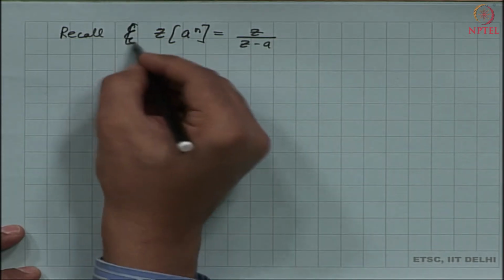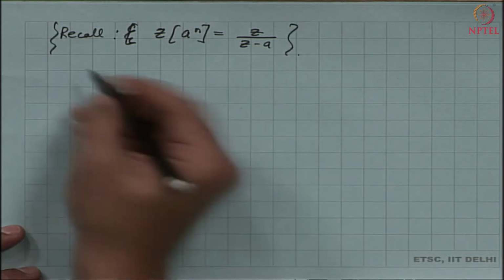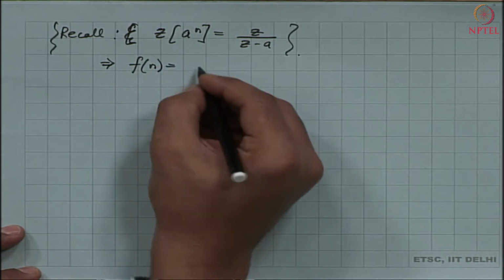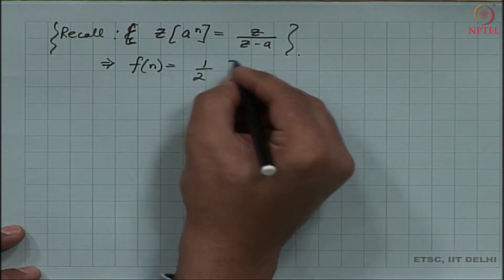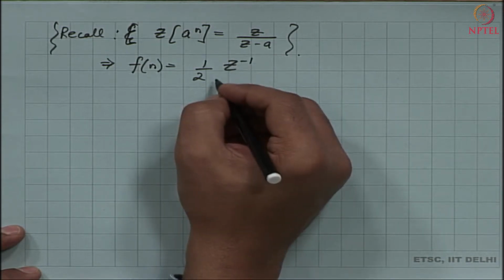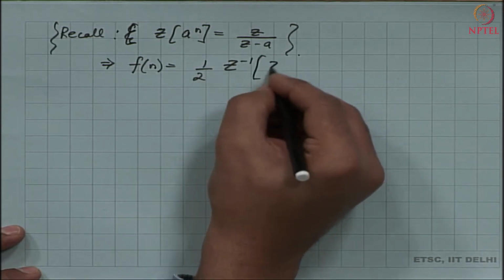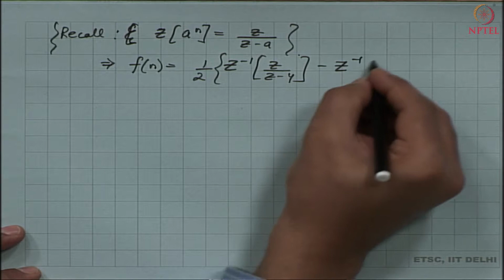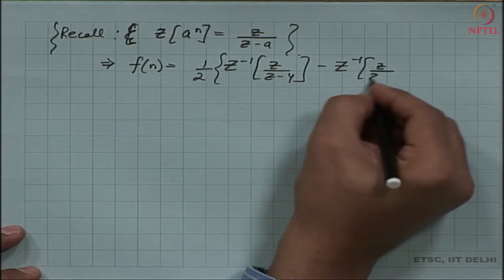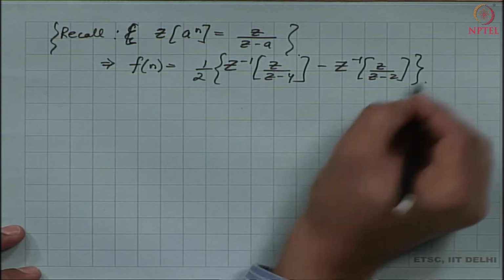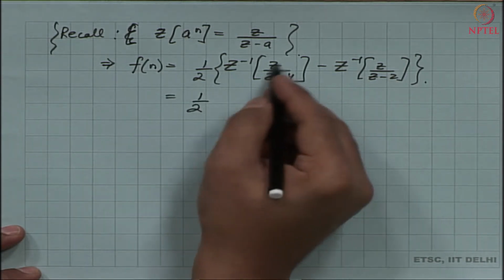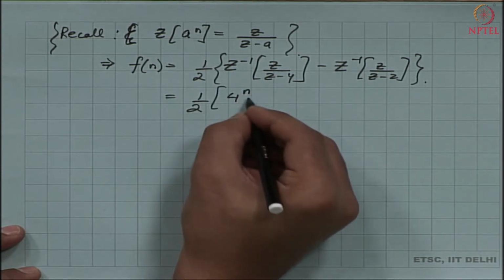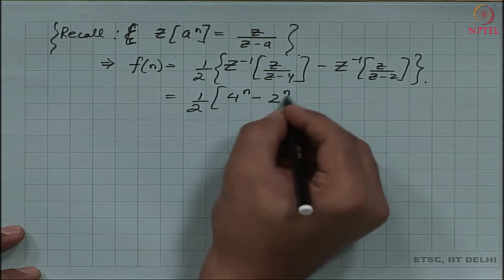That is the result I am going to use to see that my f of n, the inverse Z transform of one half times z by z minus 4 minus z by z minus 2, is half times 4 to the power n minus 2 to the power n.